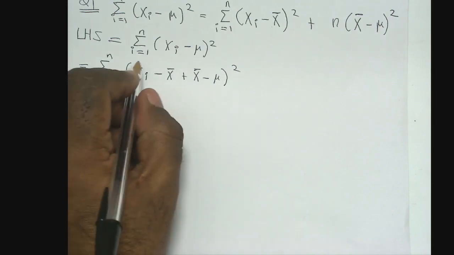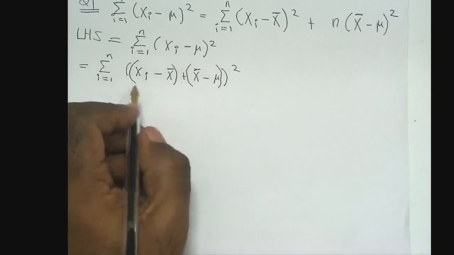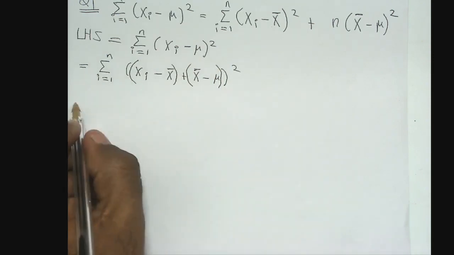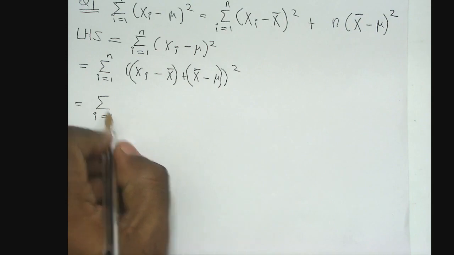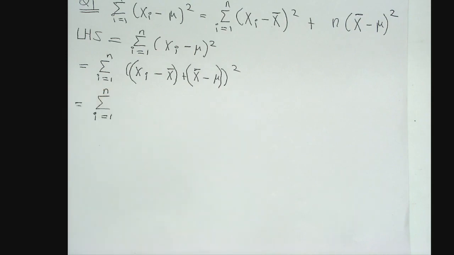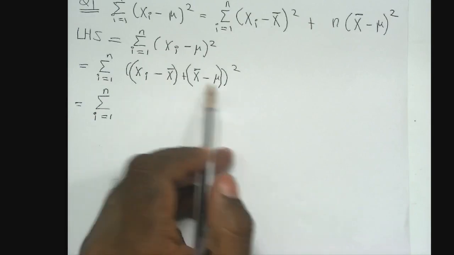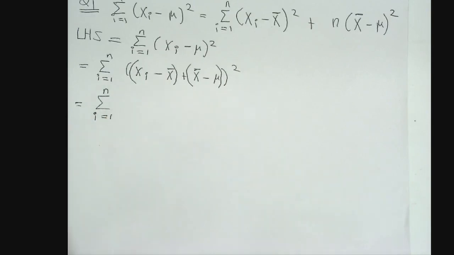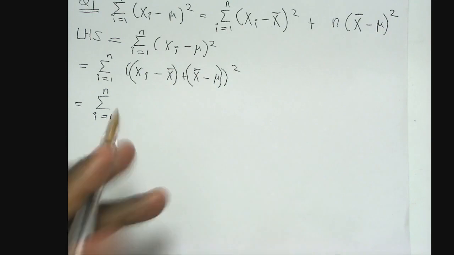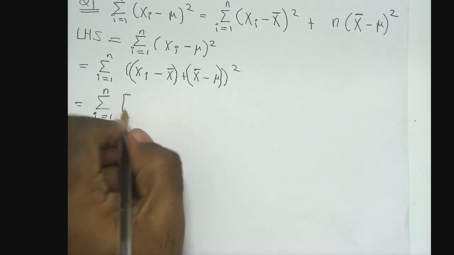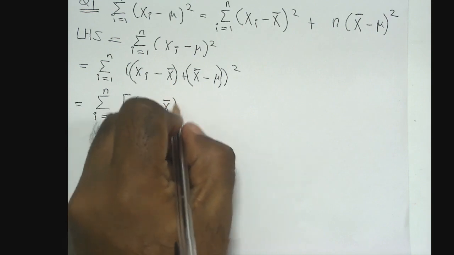Right, now the next thing I want to do, guys, is to put brackets around these two terms and these two. Now if you complete the squares, you have one term plus another term squared. If you expand the brackets here, guys, you get three terms. This is the first term.